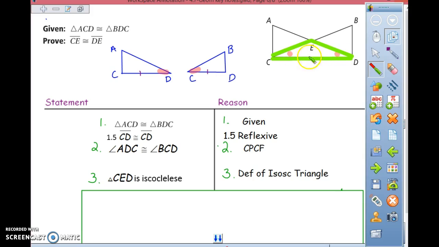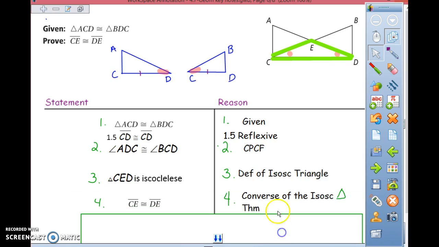So this green triangle, if it's isosceles, then we can use the base angles theorem, or the converse of the isosceles triangle theorem. So if those angles are congruent, then these sides would have to be the same. I would say that's more of a medium level proof as far as rigor goes.